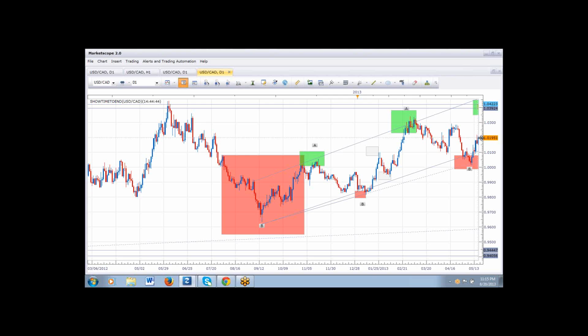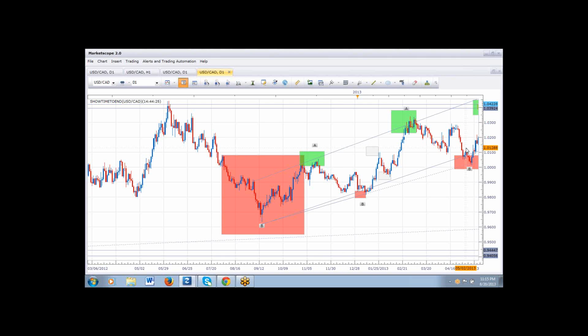So trends in terms of supply and demand, price will drop down to a level of demand within a certain time, and part of that is simply that price will need to be retested sometime in the future.